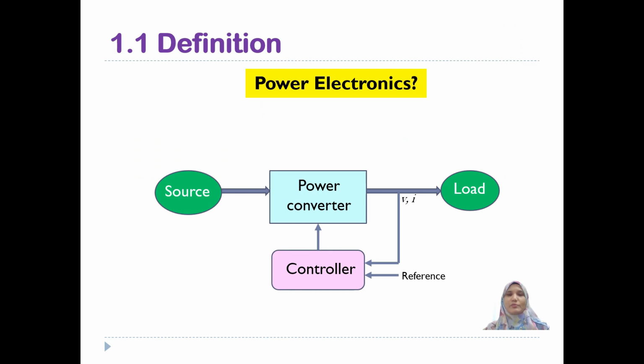Here is the basic block diagram of a power electronic system, which involves a source or power, a power converter, a load and also a controller.